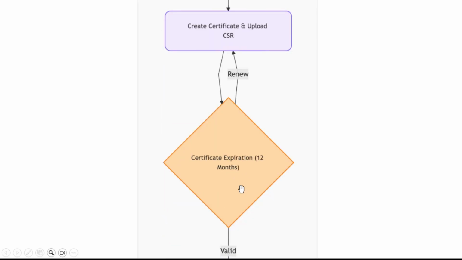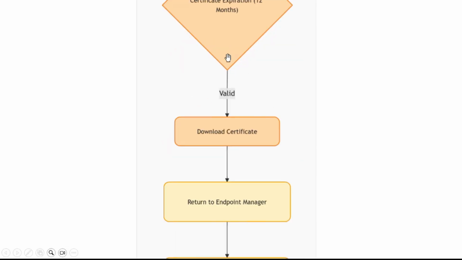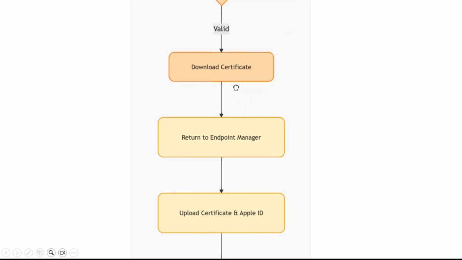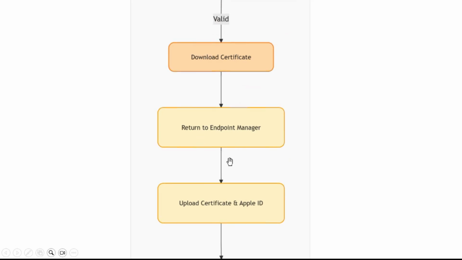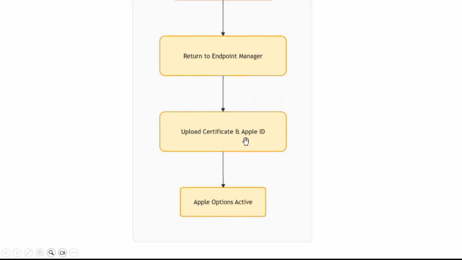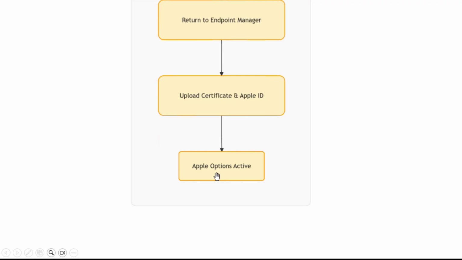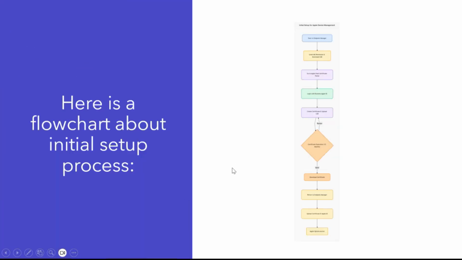The certificate expiration is 12 months. Then you download that certificate, come to the Intune portal, upload the certificate, and use the Apple ID. If another Apple option is needed, that's it. Then you will see the connection is active, meaning the connection is established.